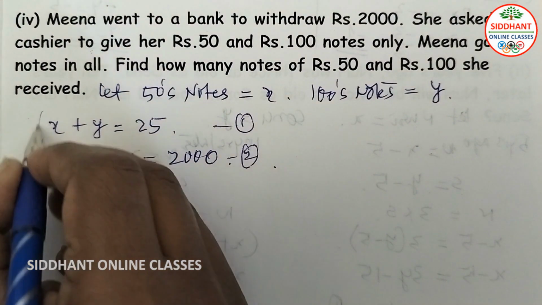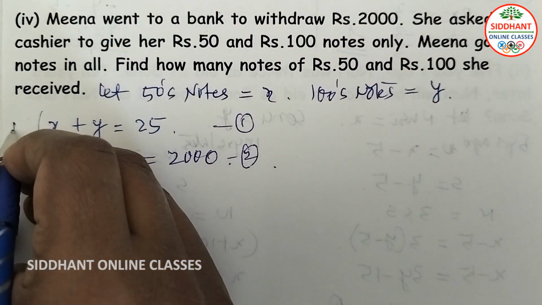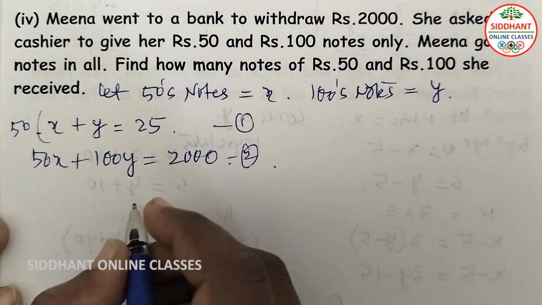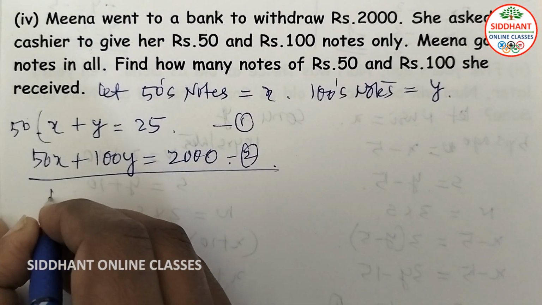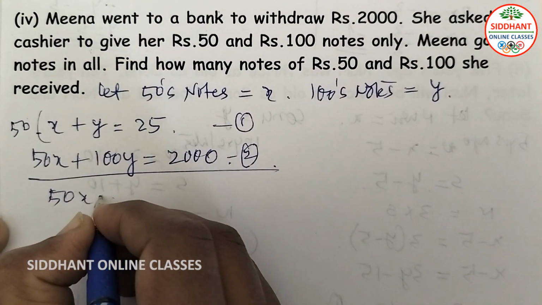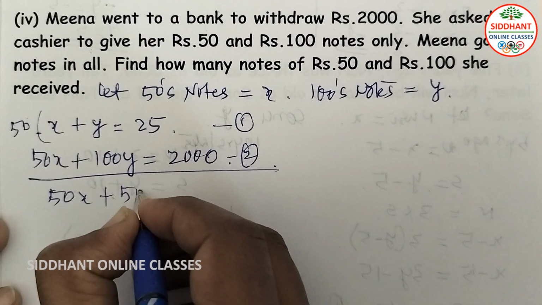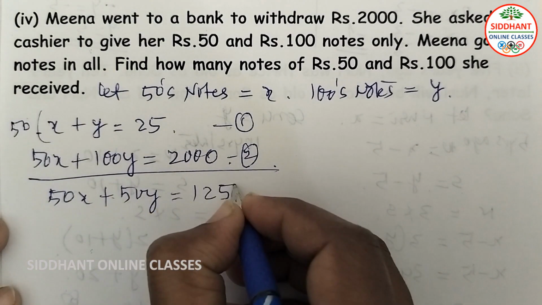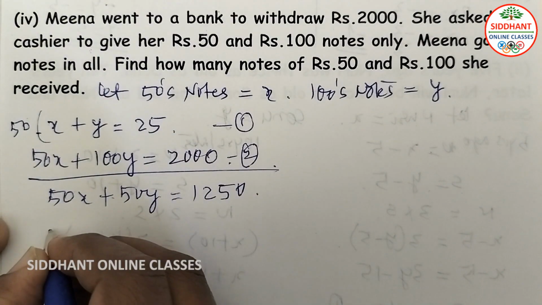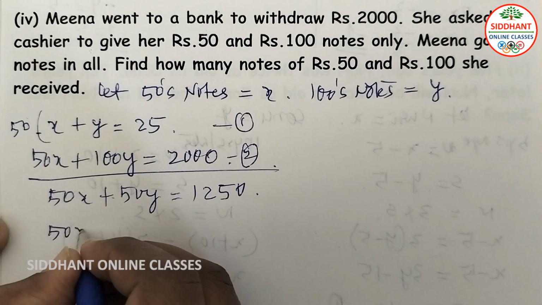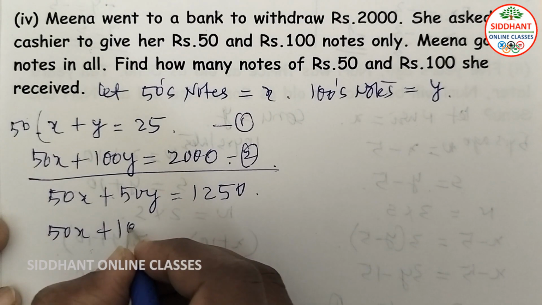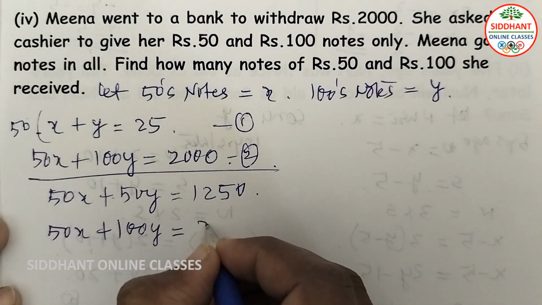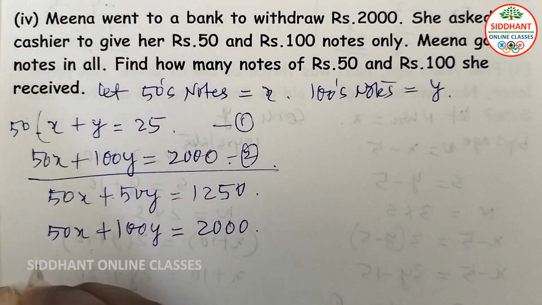Now we are going to multiply the first equation with 50 here. Now we get 50x plus 50y equals 1250. Now 50x plus 100y equals 2000.